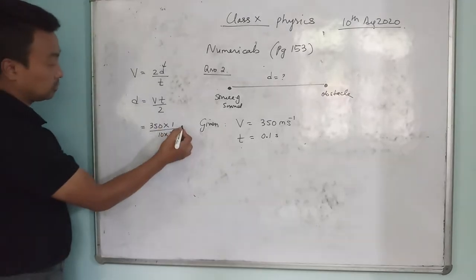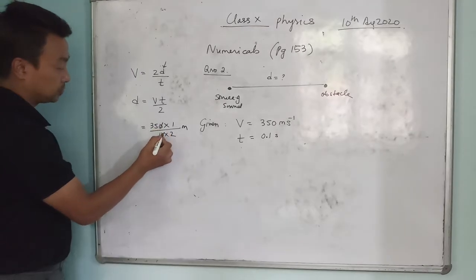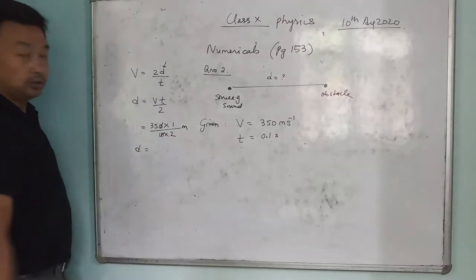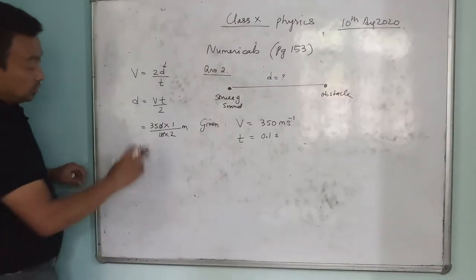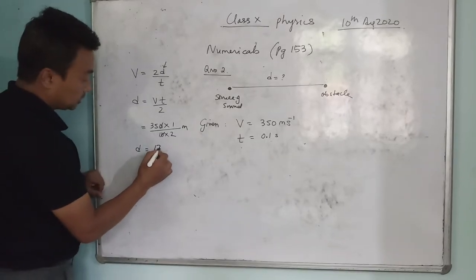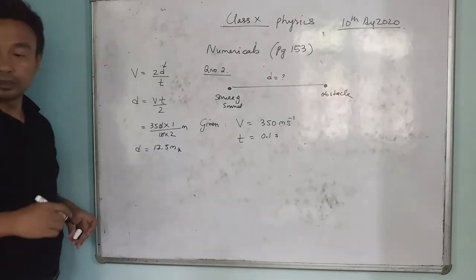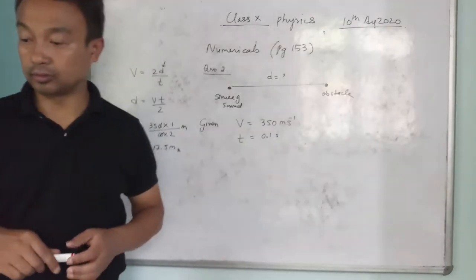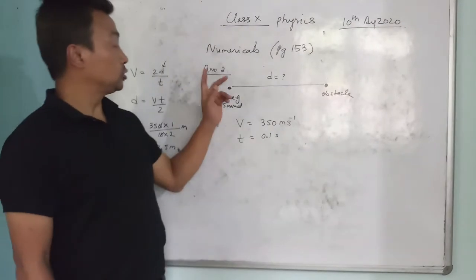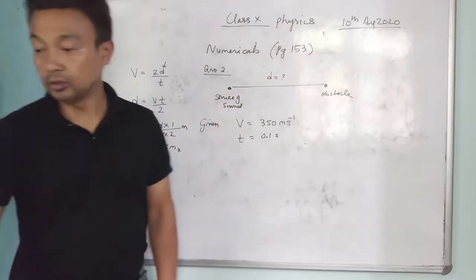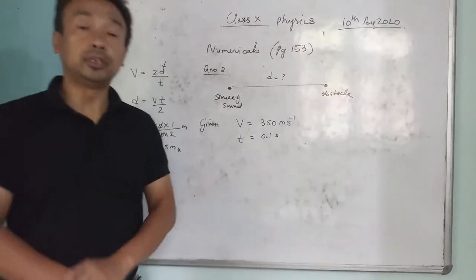This distance will come in meters. After cancelling, we get 35 by 2, which is 17.5 meters. So this is the minimum distance required between the source of the sound and the obstacle to hear an echo.